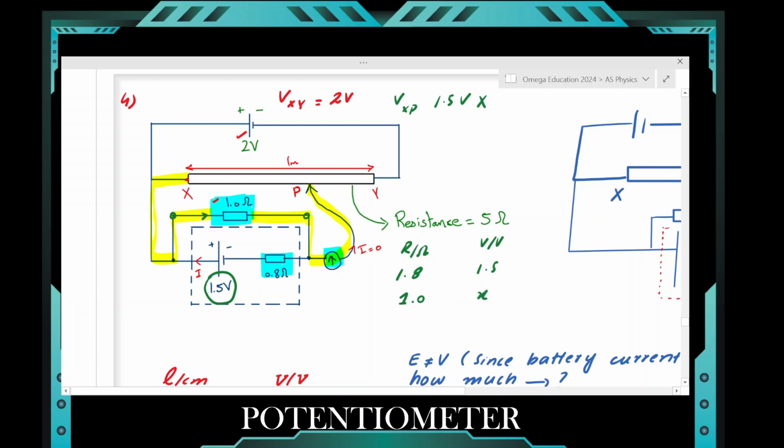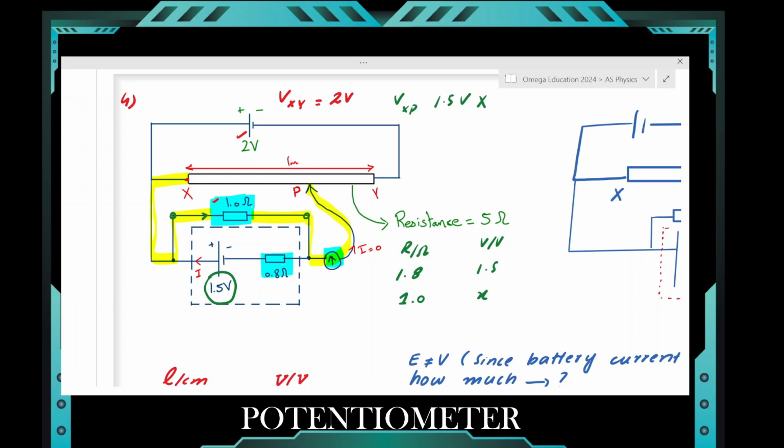So this formula that we use, that we call cross multiplication, formally it is known as the potential divider formula, which is the same thing as the cross multiplication. Let me hit it on the calculator.